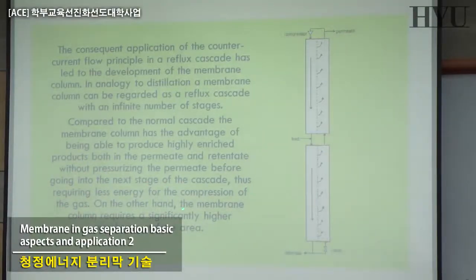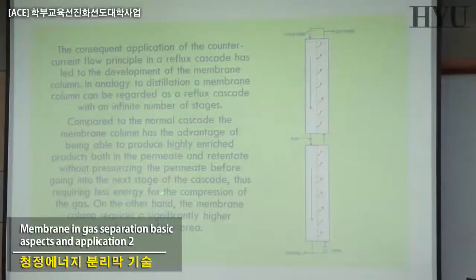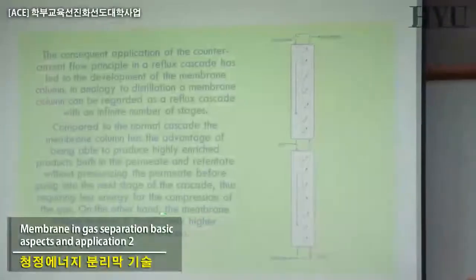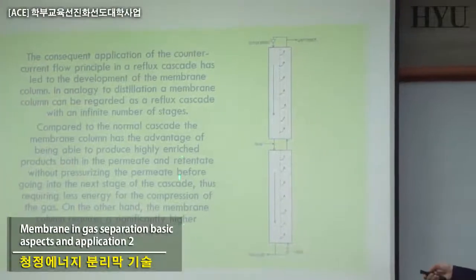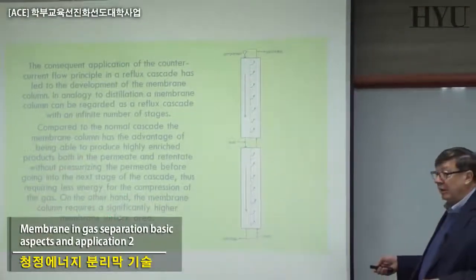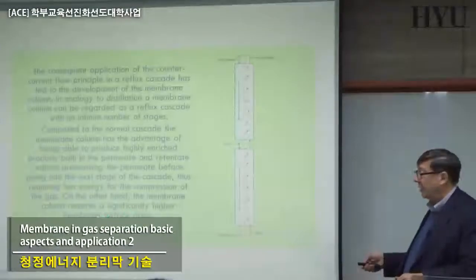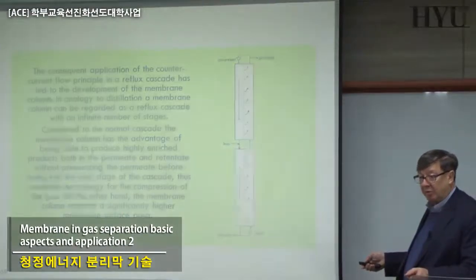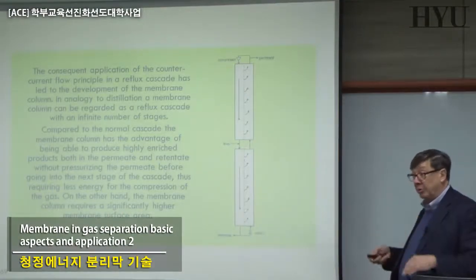So basically you can save energy because you don't have to pressurize again, and in the meantime you have some negative aspect, as always happens, in the sense that the amount of membrane surface in this case is higher than the previous case. So you also have to make some optimization.